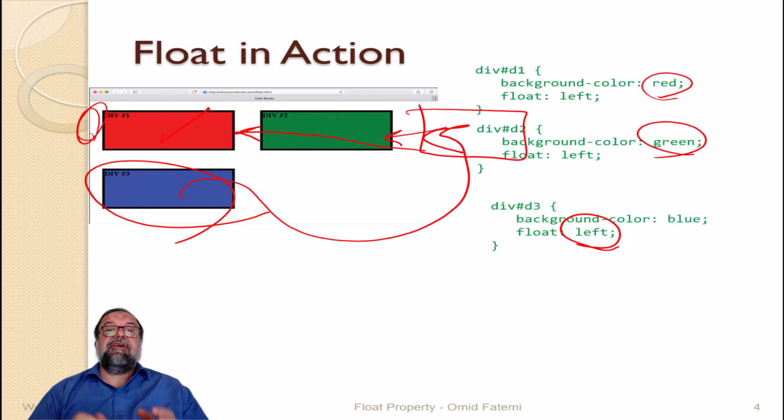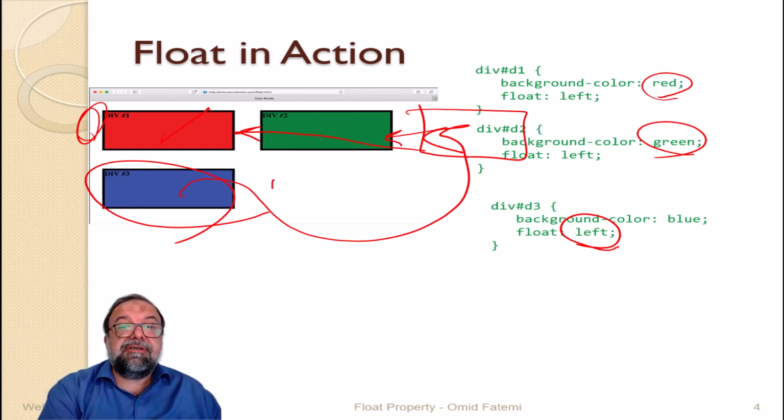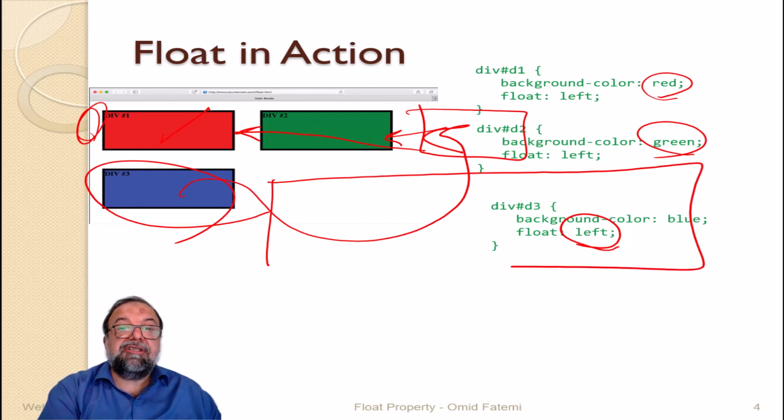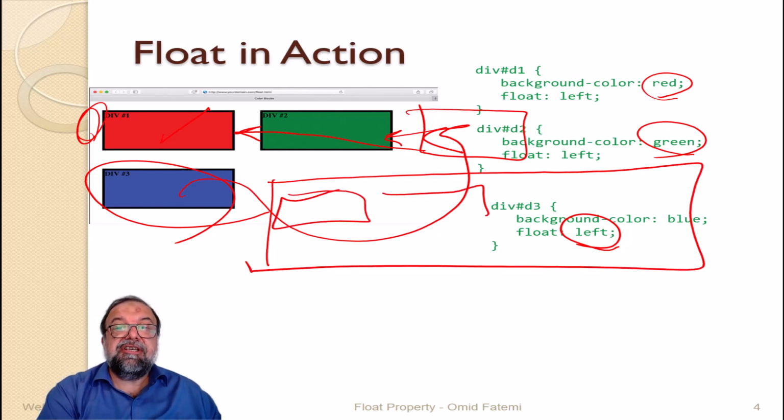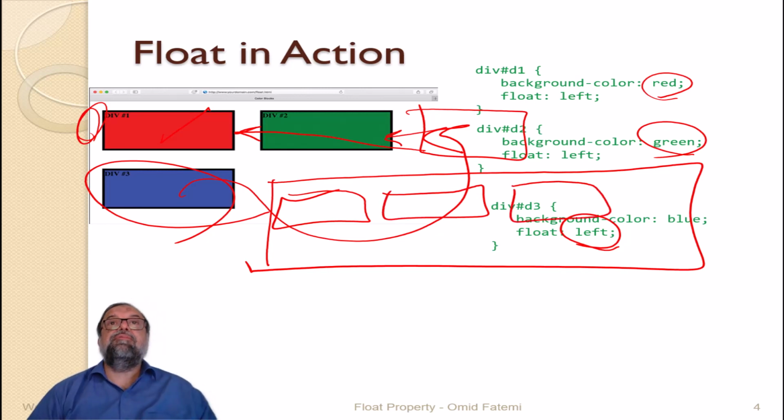If the display was larger, then all of the boxes, red, green, and blue, would appear like this.